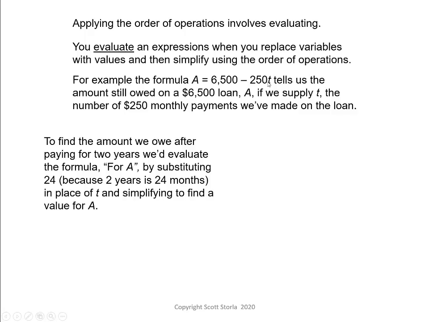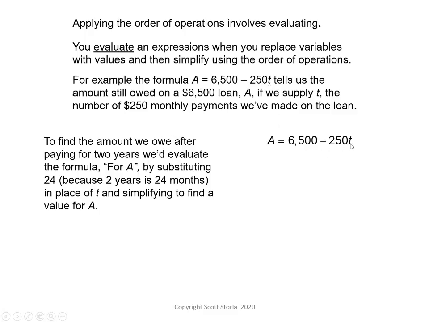Now, if we're interested to figure out how much we still owe after we've paid for 2 years, we'd start with the formula and we'd substitute 24 for T. Now, you may think, well, wasn't it 2 years? It was, but we don't use 2 because, remember, T stands for months.